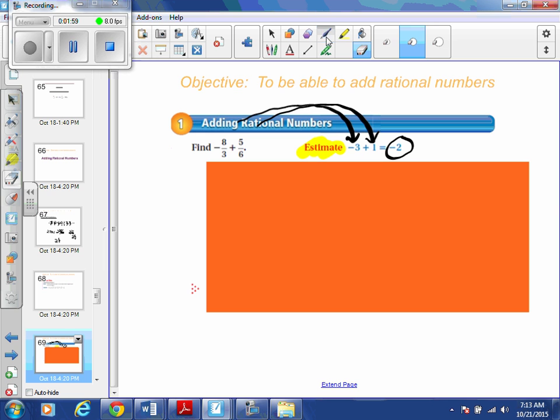Okay, so now for finding the exact answer by adding those fractions, just combine our adding integer rules with our fraction rules. So we know that when we add or subtract fractions, they have to have the same denominator. So -8/3 plus 5/6, we are going to turn those into two fractions that have the same denominator.